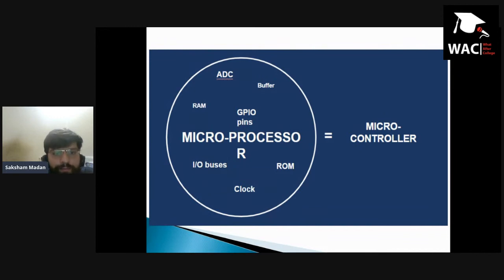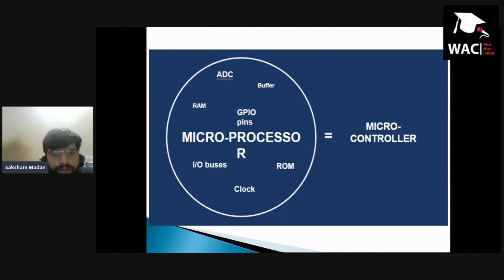Then there's RAM, random access memory. We all know about that. Then there's ADC, analog to digital conversion. Every signal a microcontroller or microprocessor entertains is a digital signal, but sometimes we get a signal in analog form.